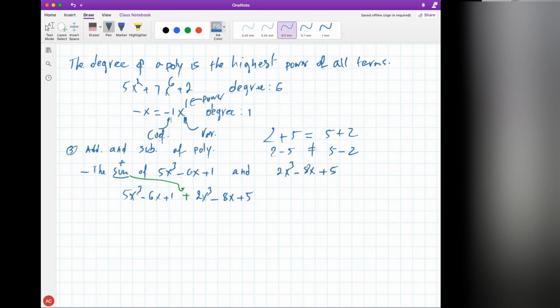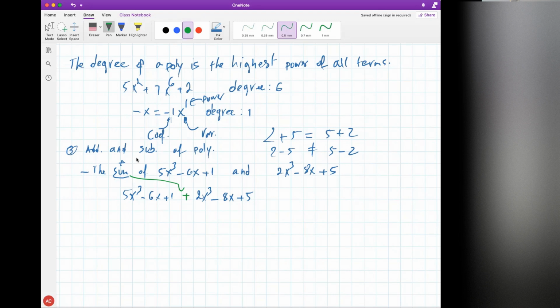For addition, it doesn't matter, but with subtraction, the order in which the polynomials go matters. With subtraction, we're going to need parentheses, as we're going to see later. So now that you put the two polynomials together, the rest is simple. We're just going to combine like terms.